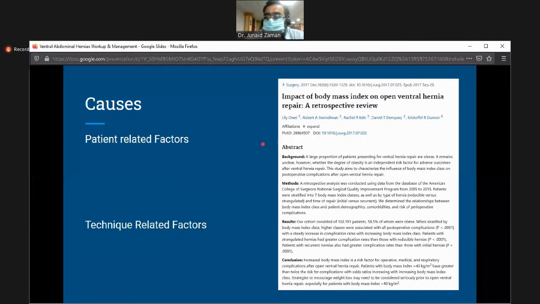So what are the factors that develop this hernia? We can grossly divide it into two types. Fine. We can have patient related factors and technique related factors. Patient related factors: people who are obese, obviously, as there is a picture of a paper that was there, and they saw that increased BMI people have more fat, intra-abdominal and intraperitoneal, there is stretching of the linea alba, and that's why hernias form.